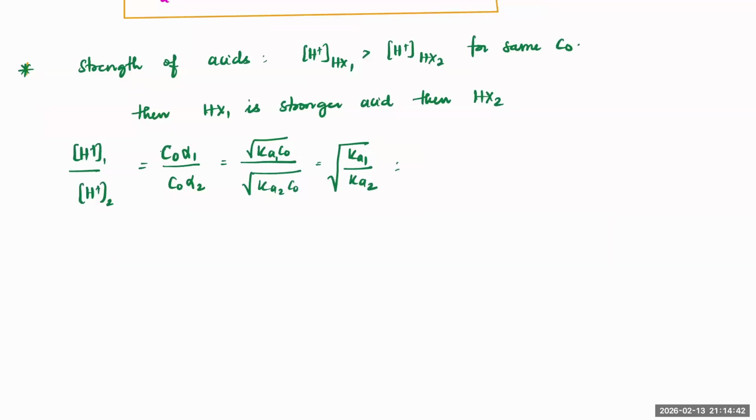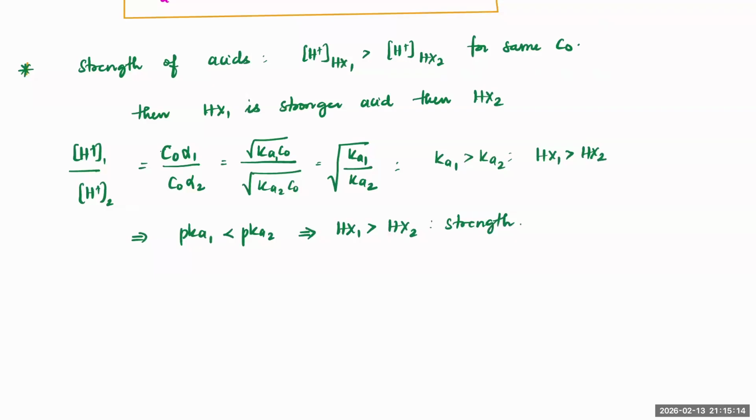Now from here you can clearly notice that if the Ka1 value is greater than Ka2, then also I can say that HX1 acid is stronger than HX2 acid, which implies that pKa1 will be less than pKa2, because pKa is the reverse of it, which also implies HX1 is a stronger acid than HX2. So remember, the higher the pK value, the lower the acidic strength.